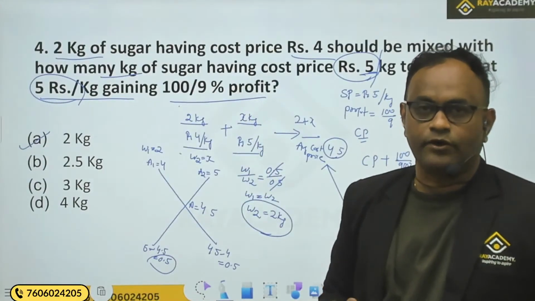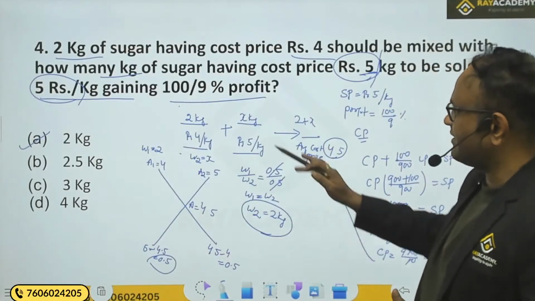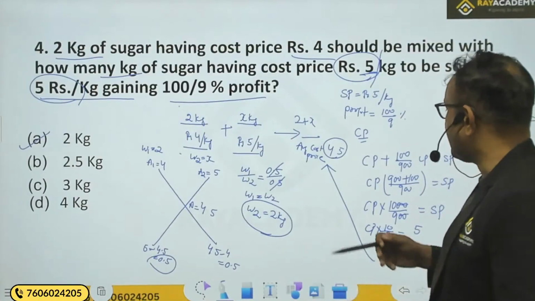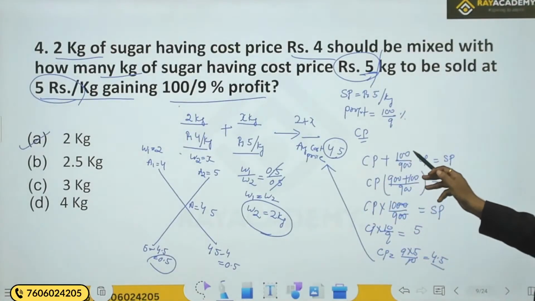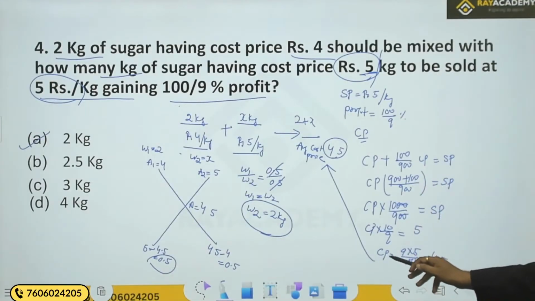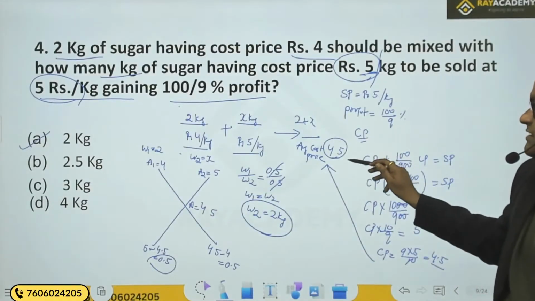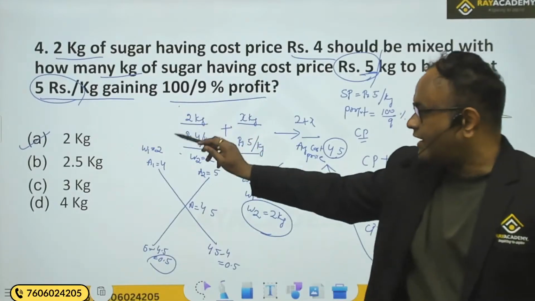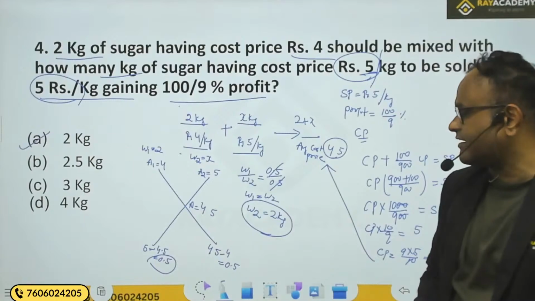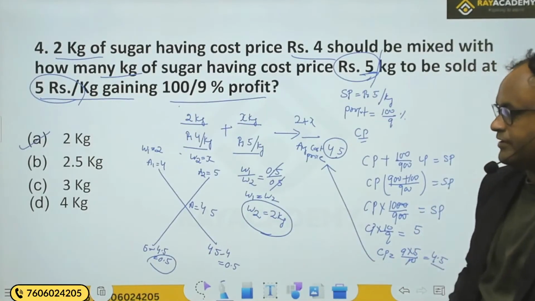This is also a very odd number, 100 by 9%. But let it be an odd number, our approach should be the same, whatever the number. So we calculated CP plus 100 by 9 by 100 into CP equals SP. Then CP came out, the cost price, that is 4.5. So I have taken 4.5 as the average price. Then I put it in the alligation method and very easily got W1 equal to W2, so the value of W2 is 2 kg.